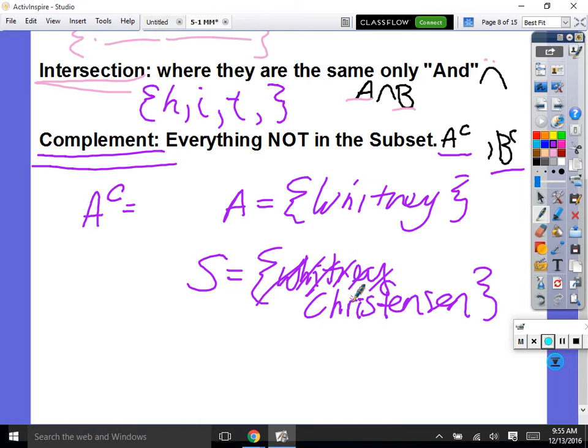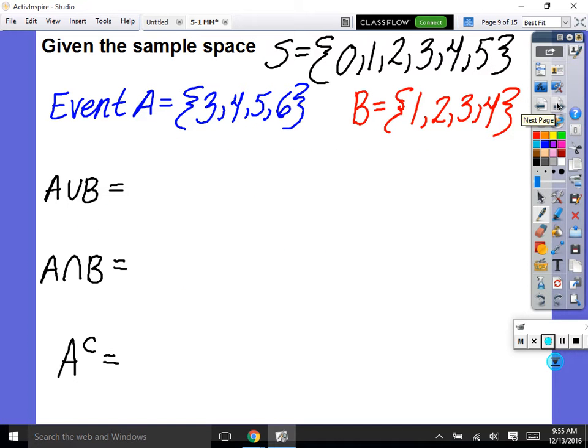Okay, here we go practicing that. I would go to another page, maybe the second page, and start taking some notes there. So here are some examples. Write this down. Given the sample space S is equal to 0, 1, 2, 3, 4, 5, 6, and given a smaller subset A, a smaller piece of the sample space, and event B is another, different subset of the sample space, we're going to go through and answer these questions.